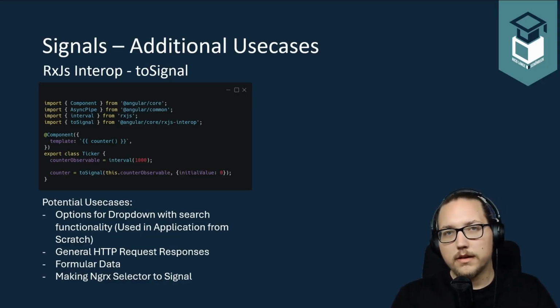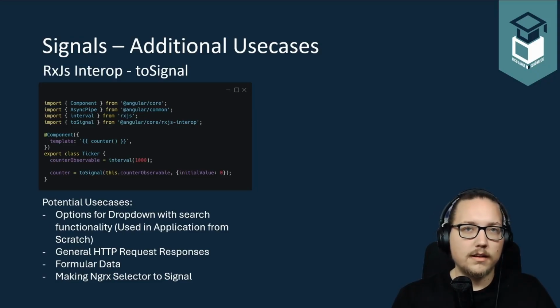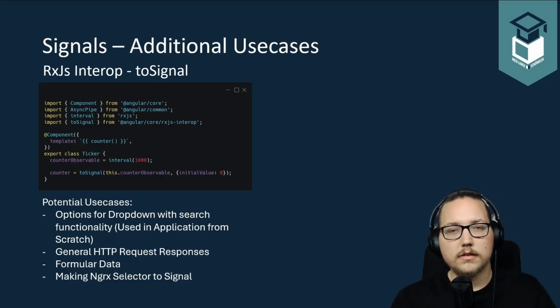And also, if you are, for example, using a state management like NgRx, you can convert the selectors that you have there to a signal. But that's something for some experienced developers using NgRx. There are also other possibilities nowadays for NgRx, but that's a potential use case you can think about.